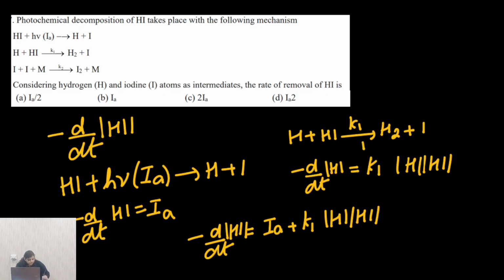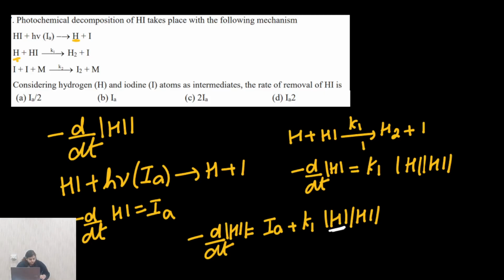Now here, this H species is not present as the substrate, because it is an intermediate. It is formed in this step and is being consumed in the second one. So we need to apply the SSA over here so that we can eliminate this H term from the final expression.